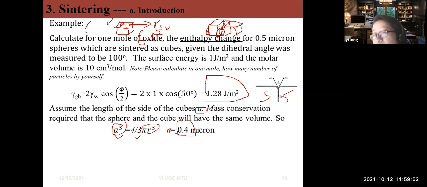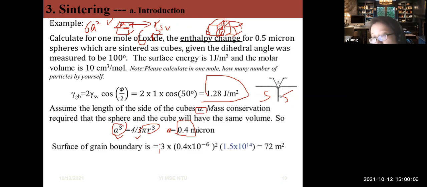But once they need to be in contact with each other, once you form grain boundaries, this has to be halved. So from 6 it changes to 3. Hopefully this is clear because a student emailed me about this one. Okay, 3A squared.